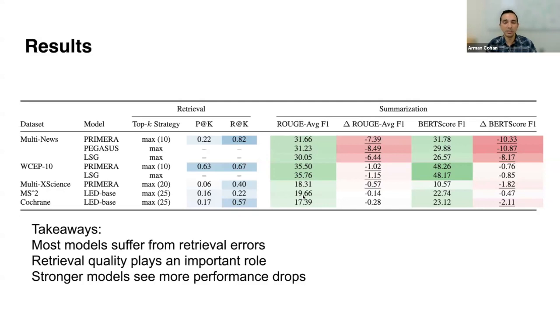So if you change these documents, it doesn't matter because the model is not effective enough to use these documents. The main takeaway is that if you have a stronger model that knows how to use the input documents, if you use it in a retrieval setting, you will see more drop in performance.